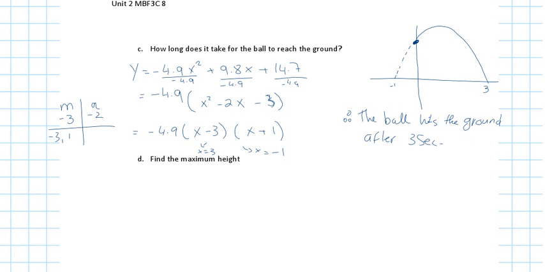You're going to have to add the zeros and divide by 2 to find where your axis of symmetry is, right? So first I'm going to have to find my axis of symmetry, which is by adding both zeros and dividing by 2. 3 plus negative 1, that's 2. 2 over 2, that's 1. So that means my axis of symmetry is right here.